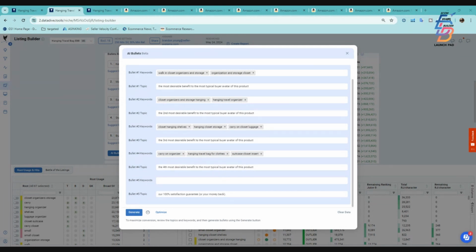And bullet 5, populate with optimal keywords. So you can actually hit that, but let me generate.